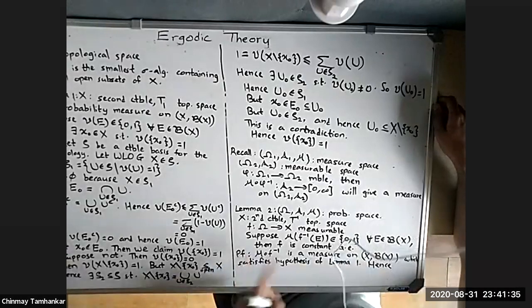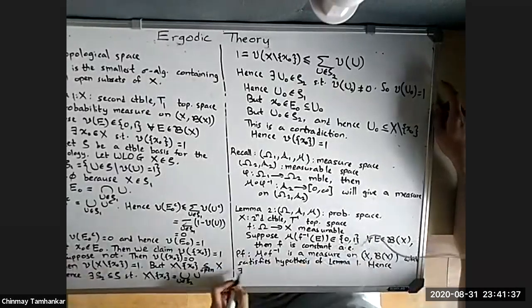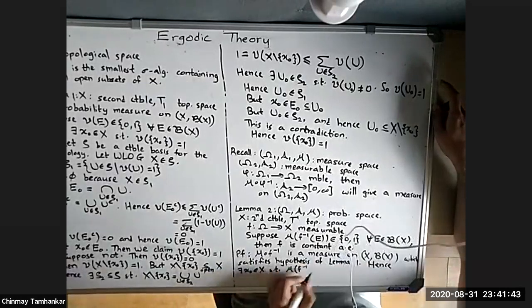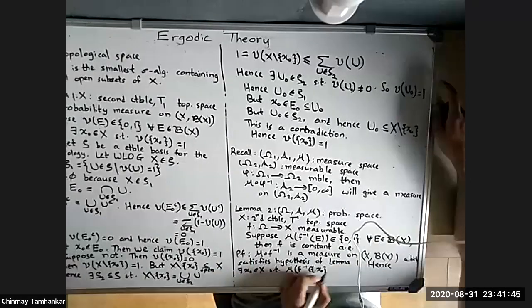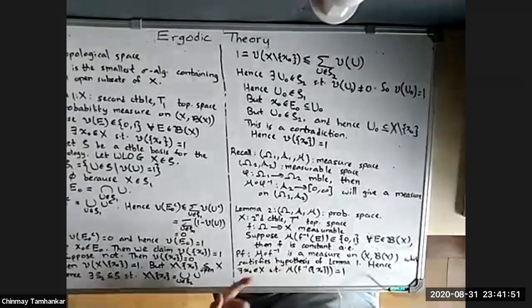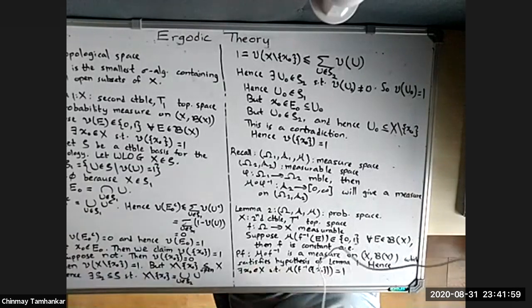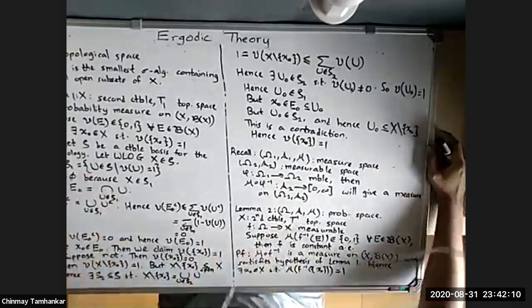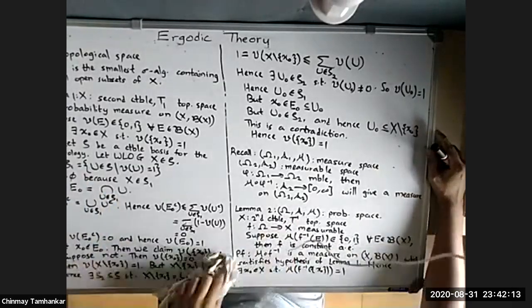Hence this measure is concentrated on a single point, so hence there exists a point x naught in X such that f is constant almost everywhere, because f inverse of x naught, so almost every point in omega goes to x naught. So yeah, this proves the second lemma. So this is the main one that we'll use instead of lemma 1. Lemma 1 was just a convenient way of proving this.